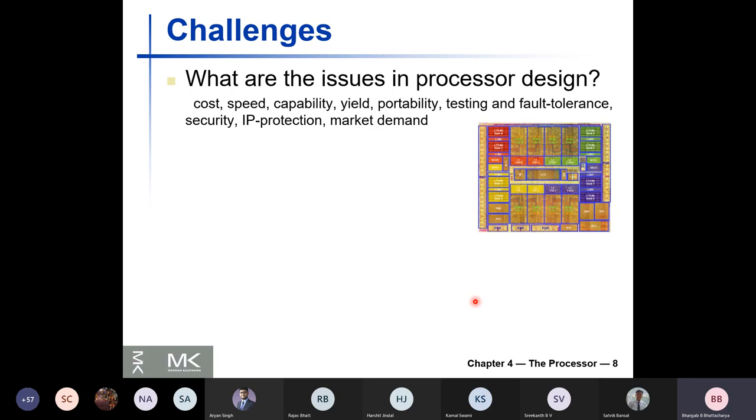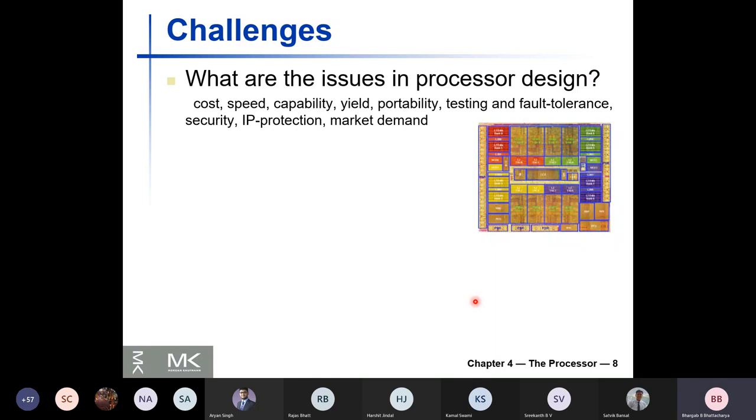So you need some kind of test procedure from time to time. At the same time, some fault tolerance or error tolerance kind of thing. That means if something wrong happens, the processor should still be able to perform its desired functionality and should give you indication that, well, some defect has already arisen.